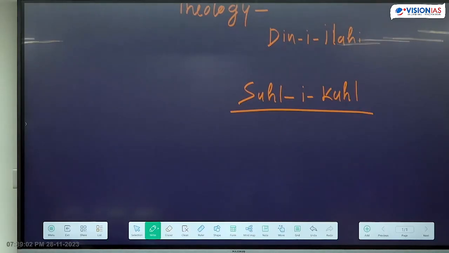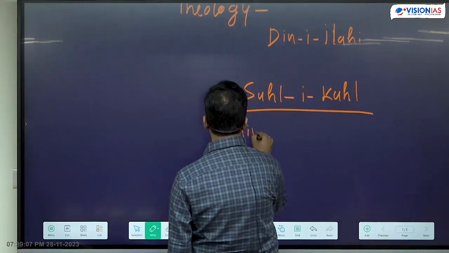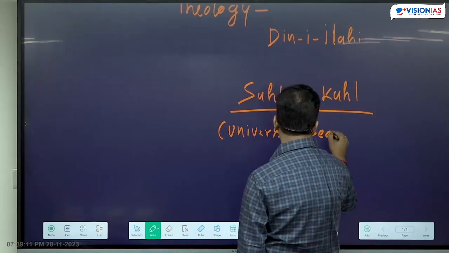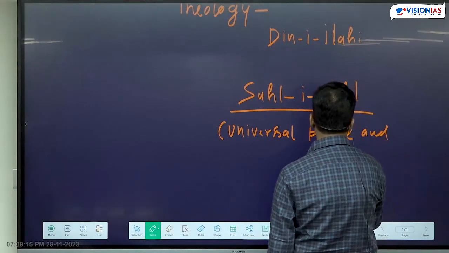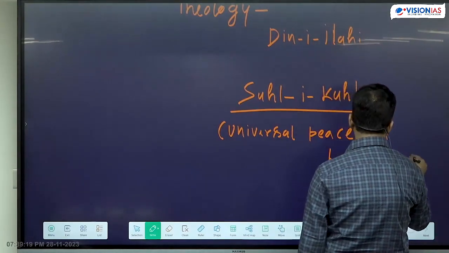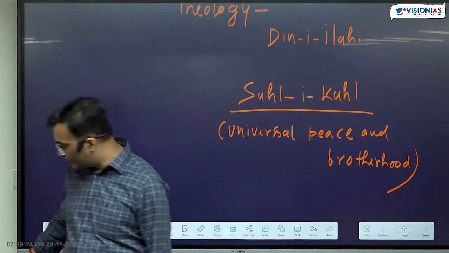And in brackets you write universal peace and brotherhood. Done?